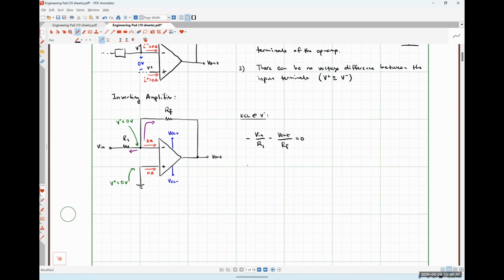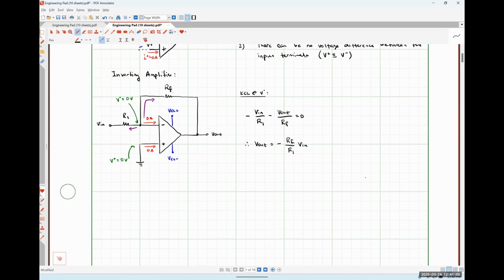I can rearrange this slightly and find that our output voltage is simply going to be negative RF over R1 times Vn. And from here, I could say that my closed loop voltage gain, which is just the ratio of V out over Vn for the system, comes out to be negative RF over R1.